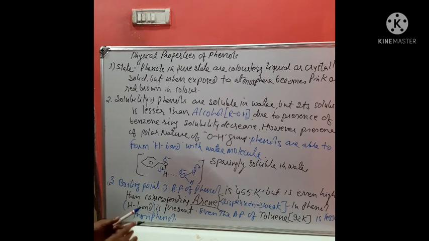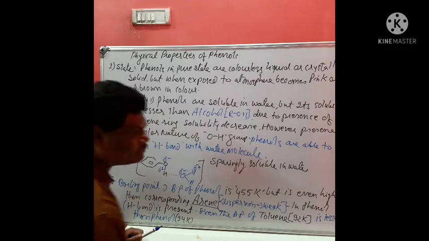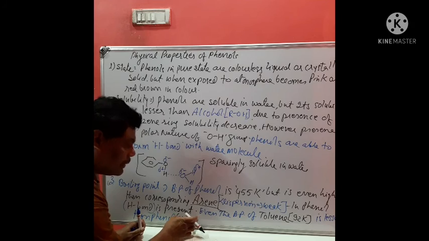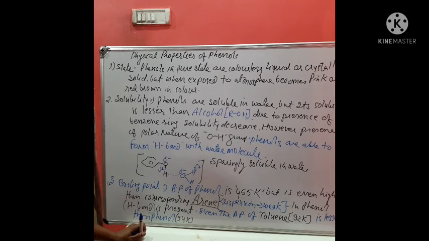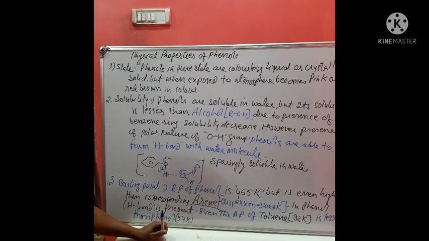Students, actually the molecular mass of phenol is 94 and toluene is 92. So, from the point of view of van der Waals attraction, the attraction force is the same in case of toluene and phenol.